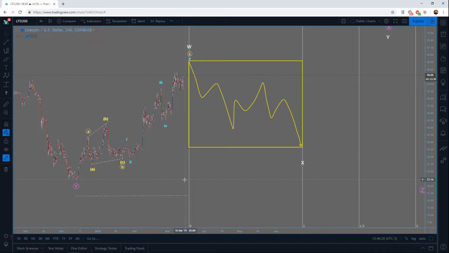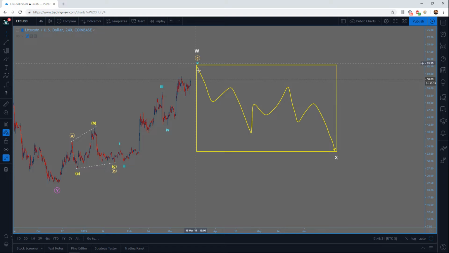Something like that. So there is a pretty massive short here, but overall, I'm expecting it to range for several months.